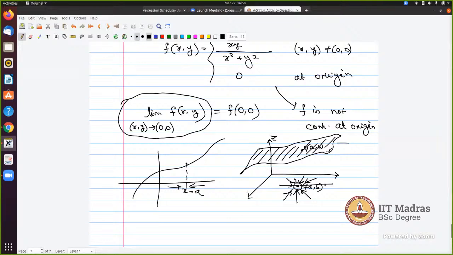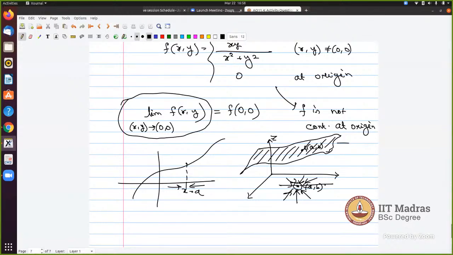Here the concept is that if we come to this point from any direction, all the limits we are getting should match, not only left and right. From any direction, we have to show that. Now there are infinitely many directions, so we literally cannot show it that way, but we can disprove something using that.